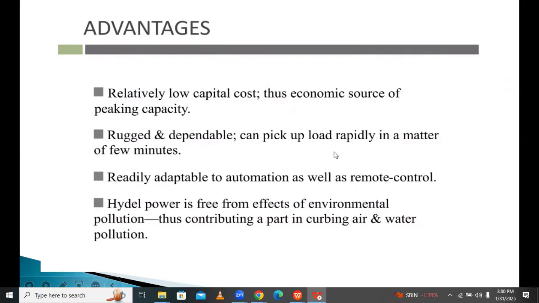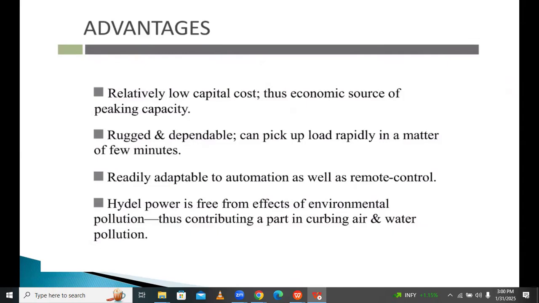To generate electricity, it takes very little time to meet power demand. Getting the rated speed of the turbine is very easy by opening the valves, and then kinetic energy is converted into mechanical energy, and we get the required rated electricity.